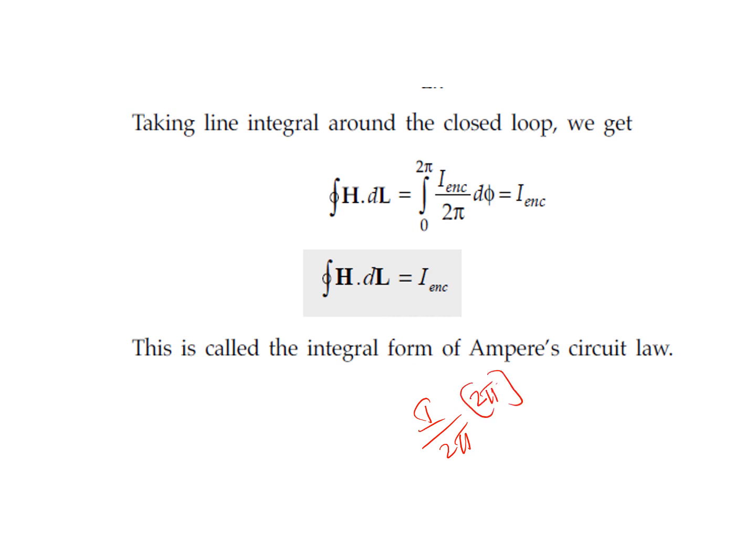Then 2 pi is cancelled and that equals I. So the line integral of H bar dot dl equals I. This is the proof of Ampere circuit law.